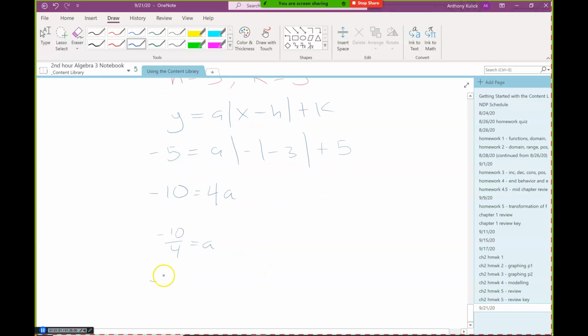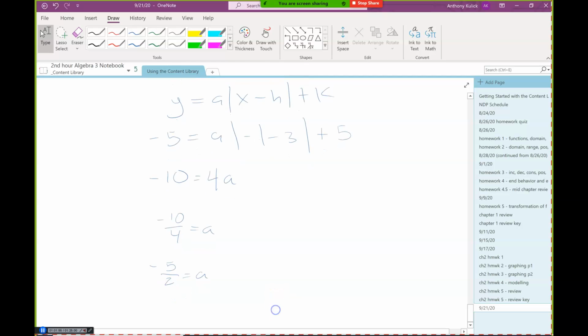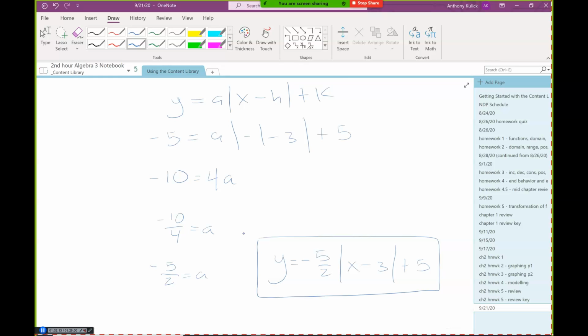But you can reduce that fraction down to 5 over 2. So we'd write y equals negative 5 over 2, absolute value of x minus 3 plus 5. What do you guys think? It's all right? Good.